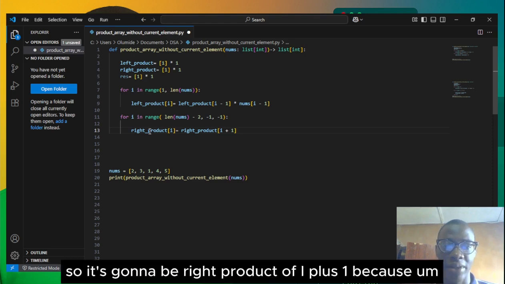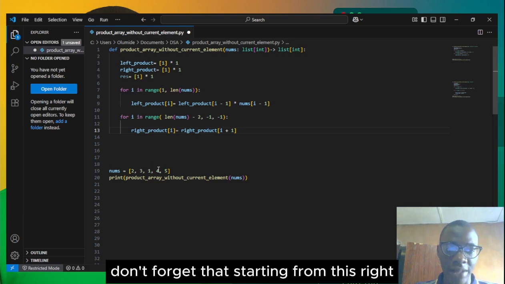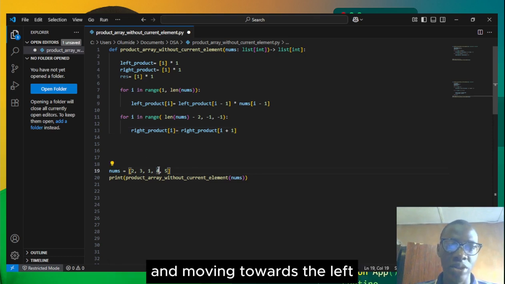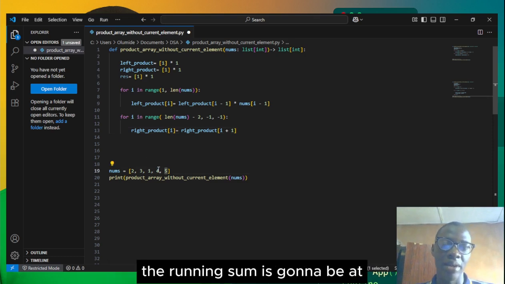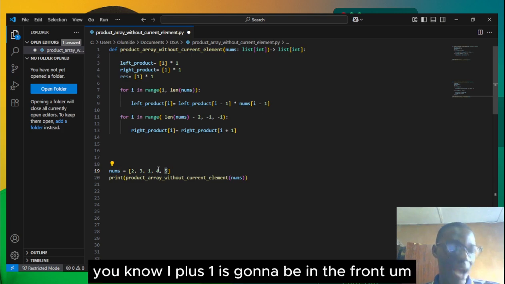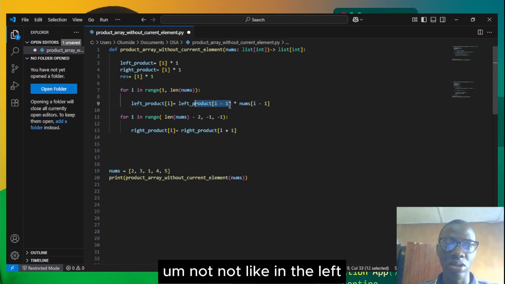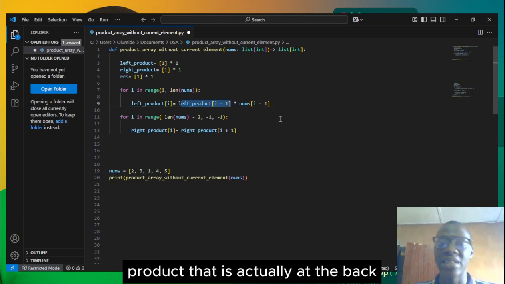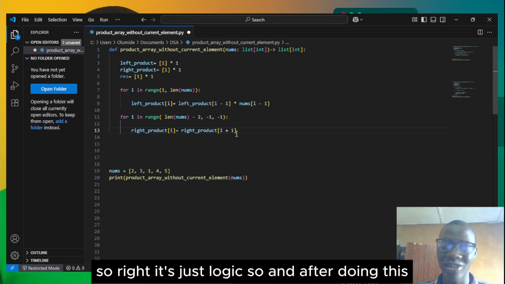It's going to be right product of i plus 1, because don't forget that starting from the right and moving toward the left, the running sum is going to be at i plus 1. It's going to be in front, not like in the left product, which is at the back. So it's just logic.